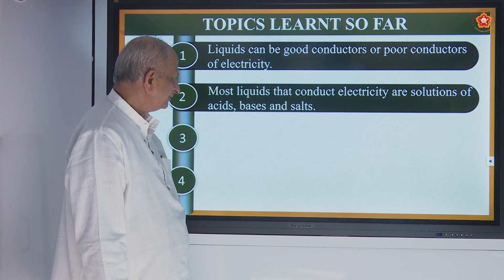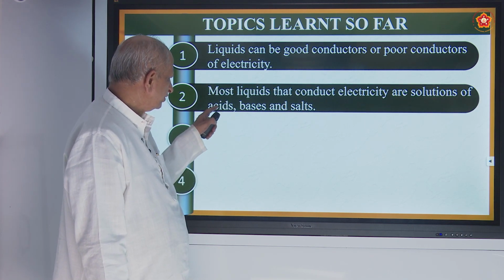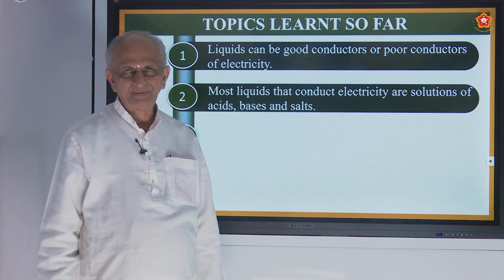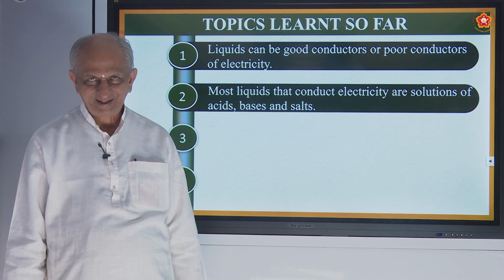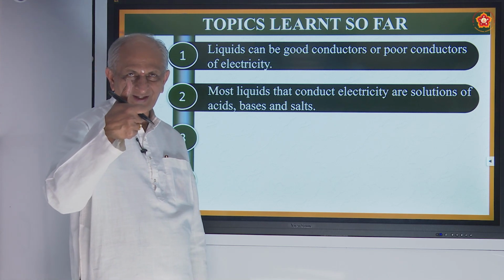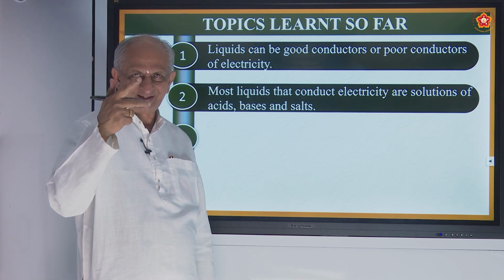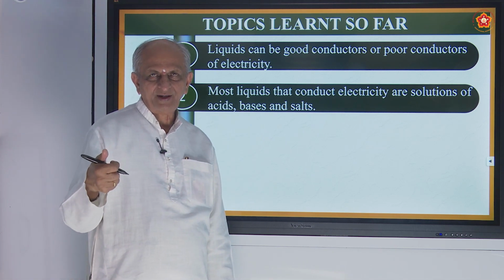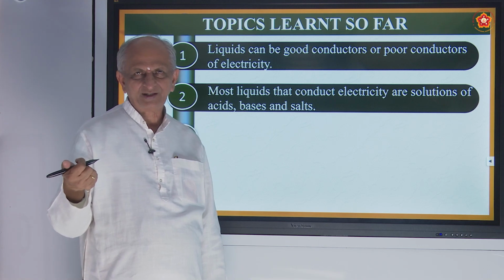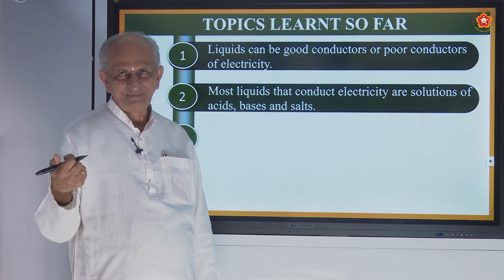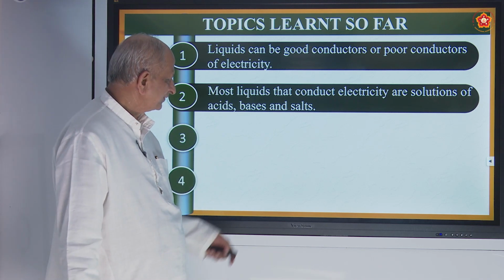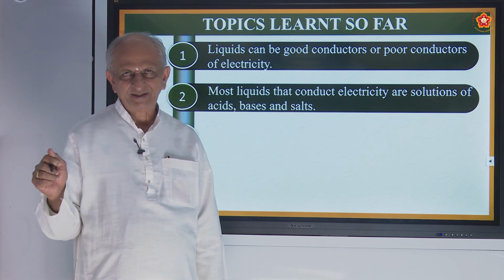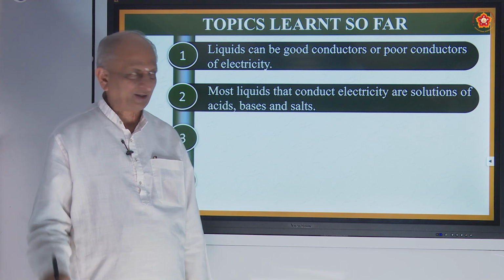Also we have seen solutions of acids, bases and salts. Can you give some examples of acids? Correct? Hydrochloric acid, sulfuric acid, nitric acid. When you take bases, sodium hydroxide, potassium hydroxide, calcium hydroxide, etc. Salts, sodium chloride, copper sulfate, silver nitrate and so on.